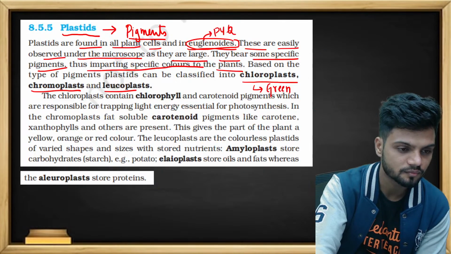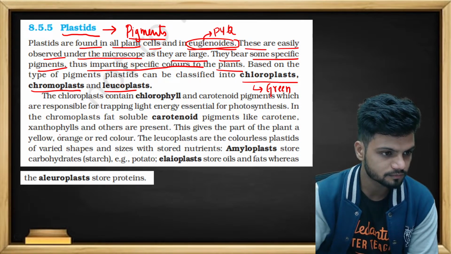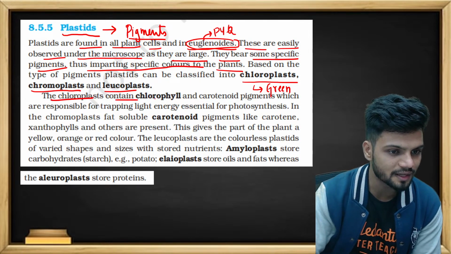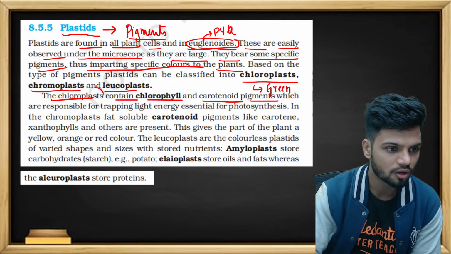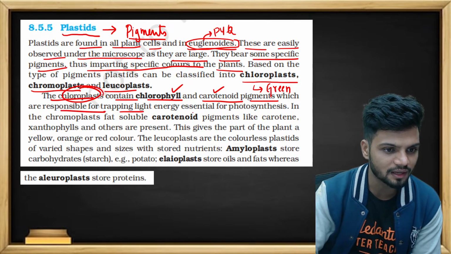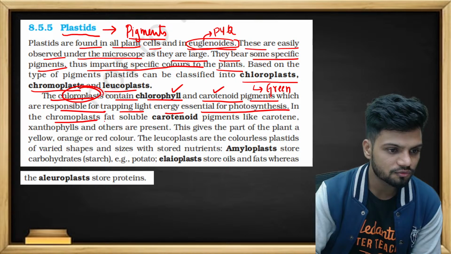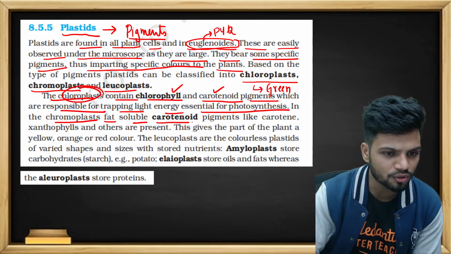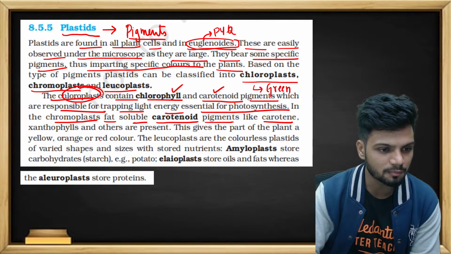Now, let's see what is given here. The chloroplast contains chlorophyll and carotenoid pigments, which are responsible for trapping the light energy essential for photosynthesis. In chromoplast, fat-soluble carotenoid pigments like carotenes, xanthophyll, and other pigments are present.